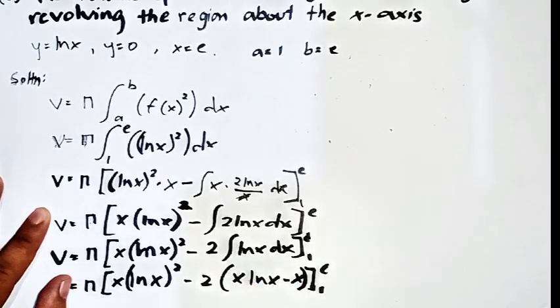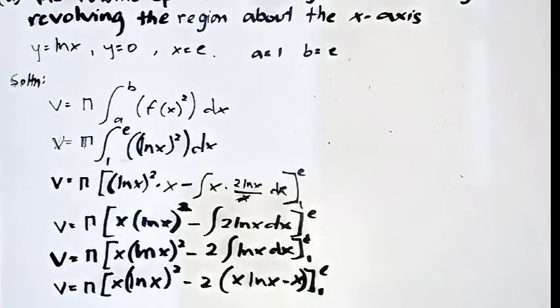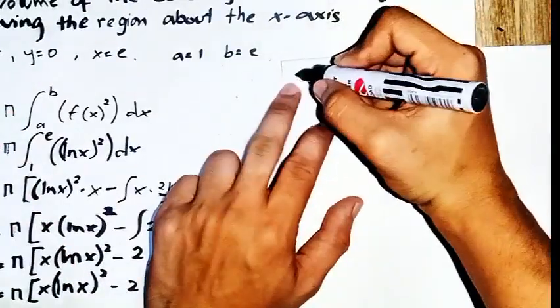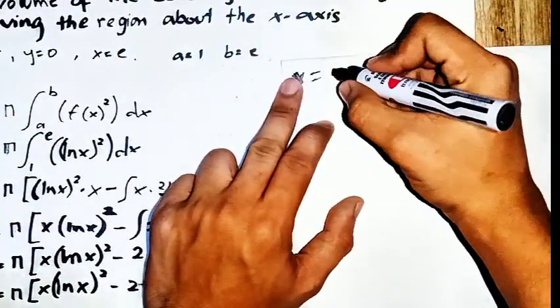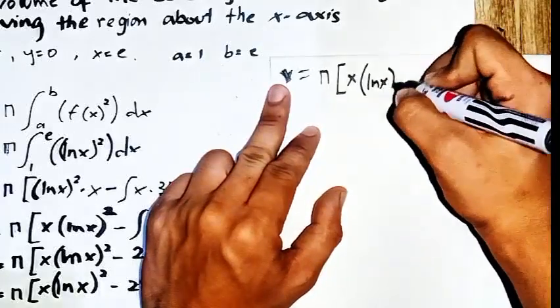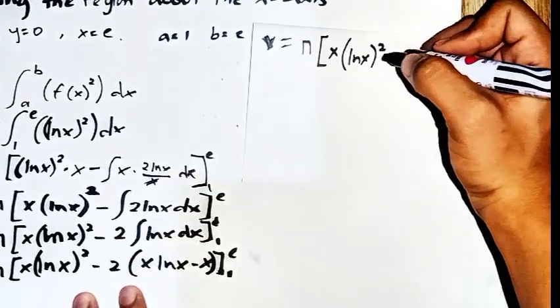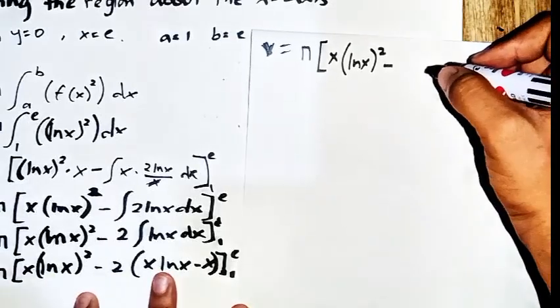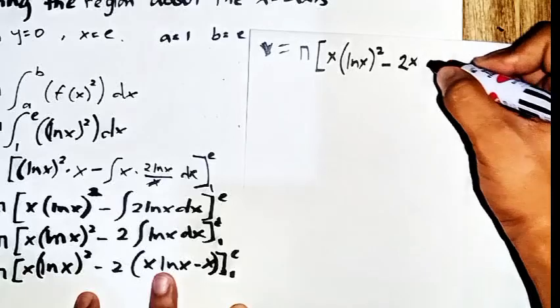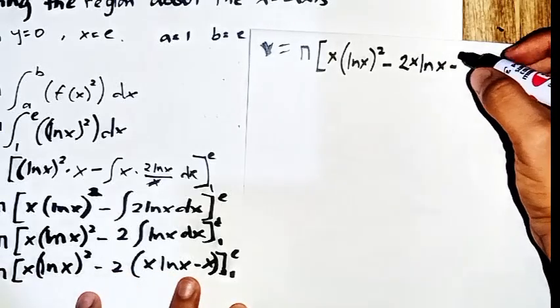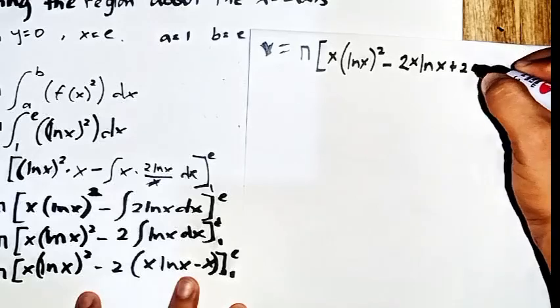Now let's distribute the 2 inside the parentheses. It will look like this. V is equal to pi times x ln x squared minus 2x ln x, and then minus negative 2 times negative x, we have positive 2x.